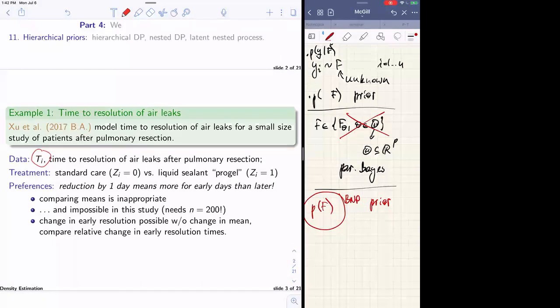It can happen that as part of the surgery, a leak could arise. I think of that like a leak in my bicycle tire. It's kind of scary. These patients can have a leak in their lungs, and T_i is the time it takes until the leak resolves. Of course, the sooner it resolves, the better.